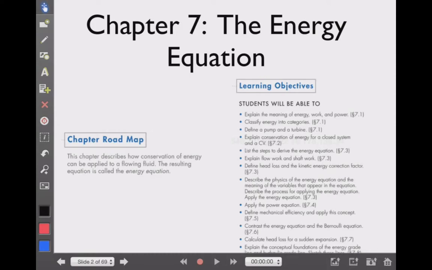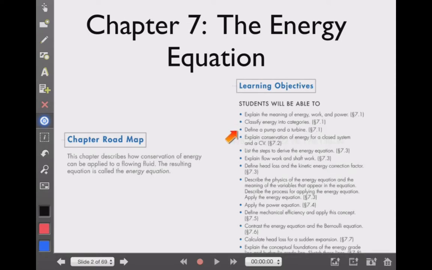And we can see that in sections 7.1 and 7.2, we're going to be learning the meaning of energy, work, and power. We're going to be looking at different categories of energy and defining what pumps and turbines are.